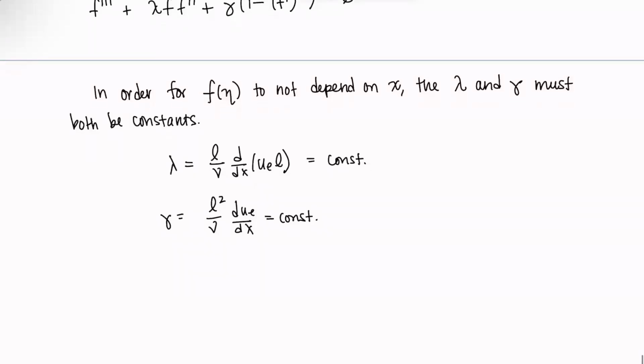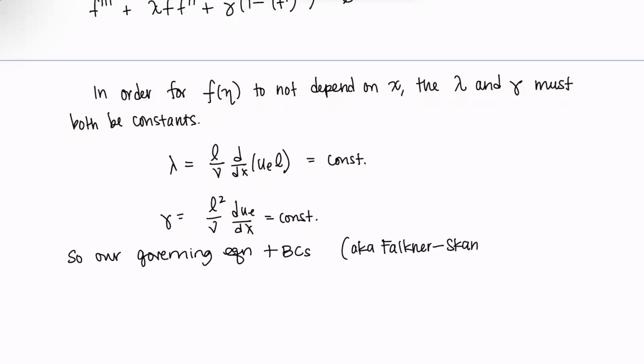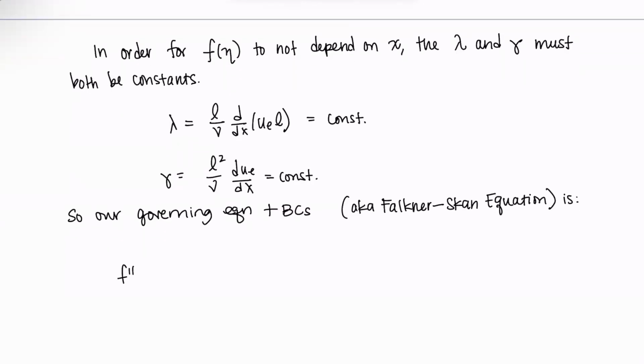All right, so our governing equation plus boundary conditions, which is also called the Falkner-Skan equation, is the following. So we have F triple prime plus lambda F double prime plus gamma times 1 minus F prime quantity squared is equal to 0.